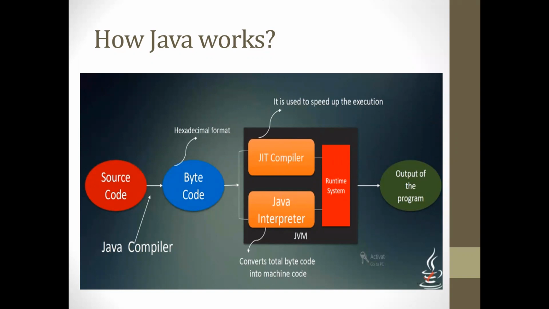JIT is responsible for speeding up the execution, and the Java interpreter will convert the code line by line into machine understandable language, and then the output will be provided to the user. Okay, students.